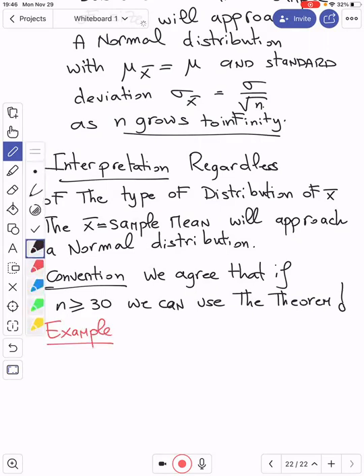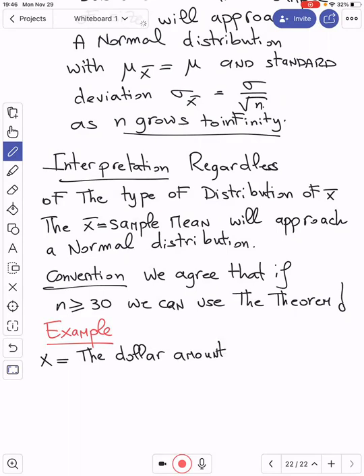Let's say x represents the dollar amount spent in a 10-minute shopping interval.